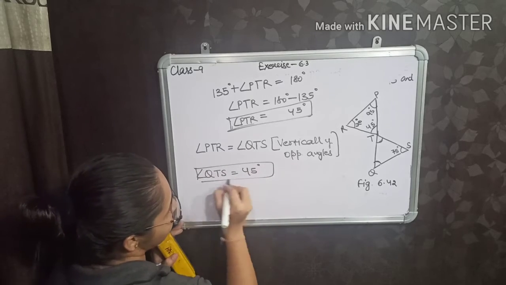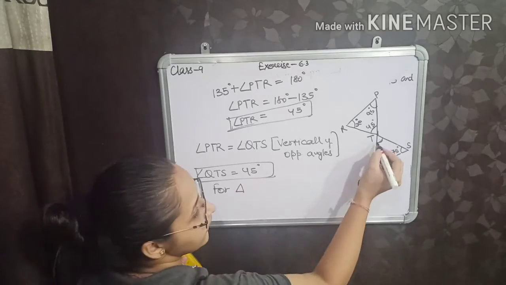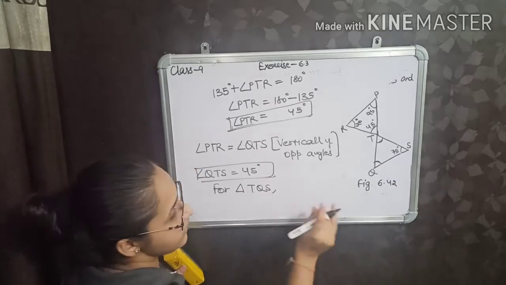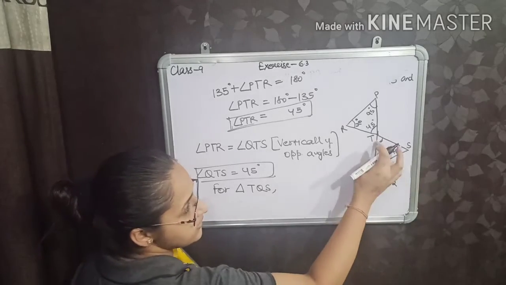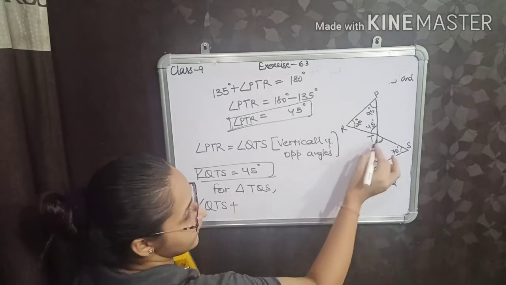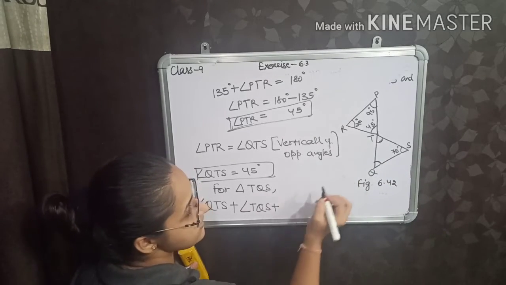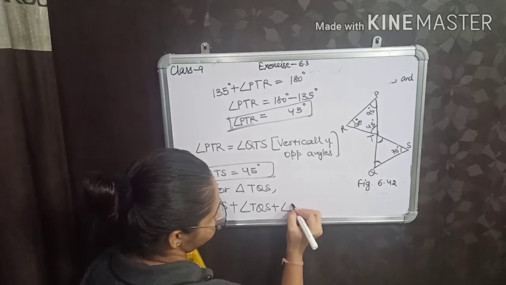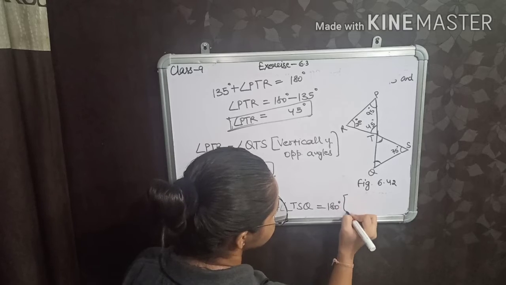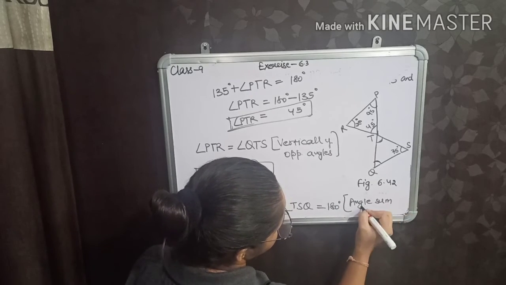Now apply angle sum property for triangle TQS. For triangle TQS, first of all see QTS, this angle, angle QTS plus angle TQS plus angle TSQ is equal to 180 degree, and reason is angle sum property.